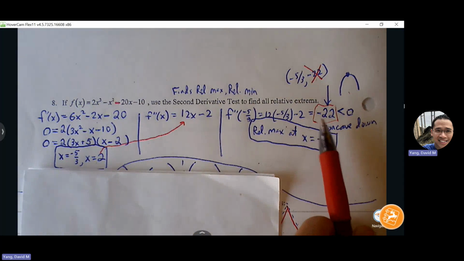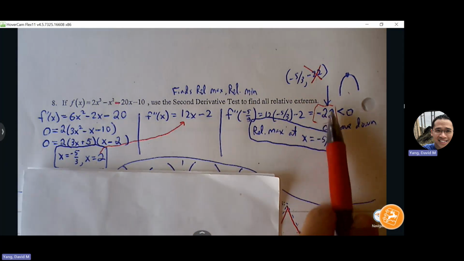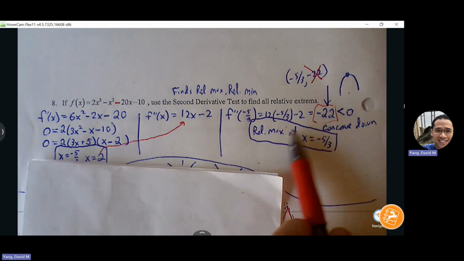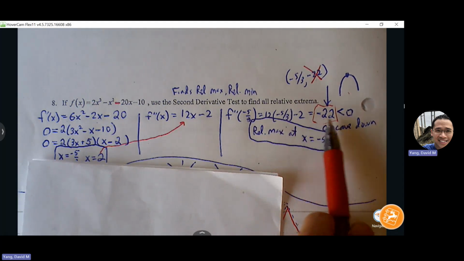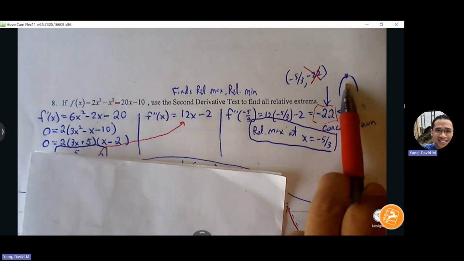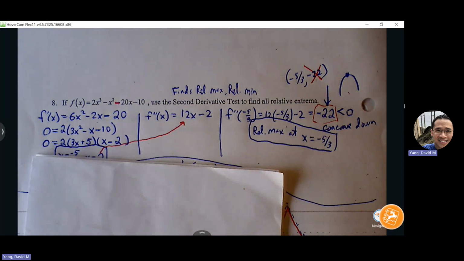So do understand that students have trouble with this because our natural tendency is that a negative number is a low number. We want to say relative minimum, but you have to understand that this is not a location. This is a concavity. Concave down looks like this. This is not a relative min, that's a relative max. You still have to plug in 2, right?